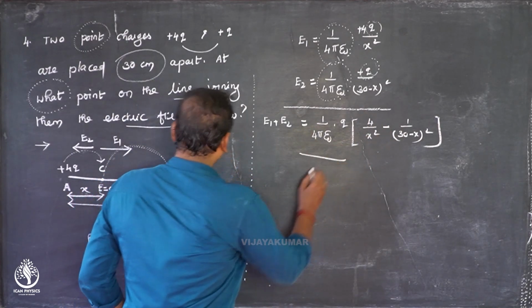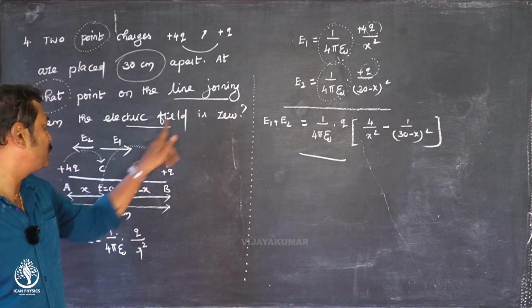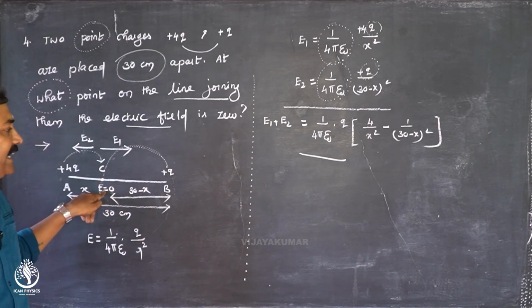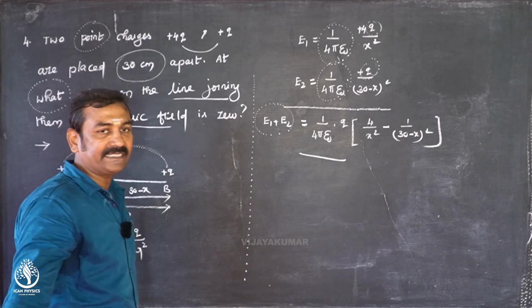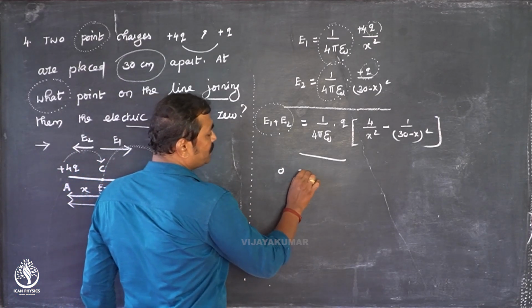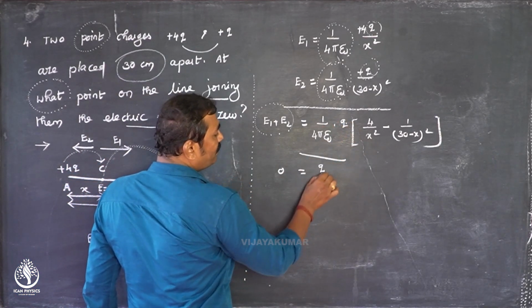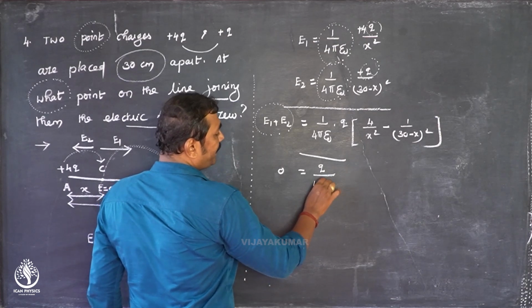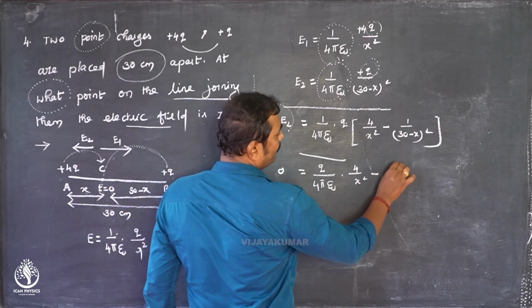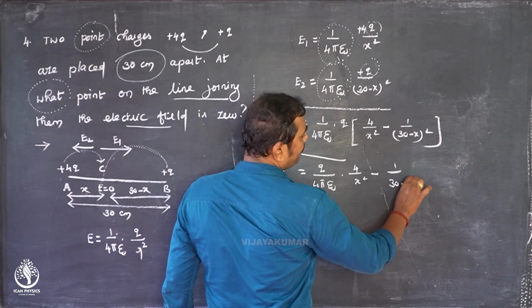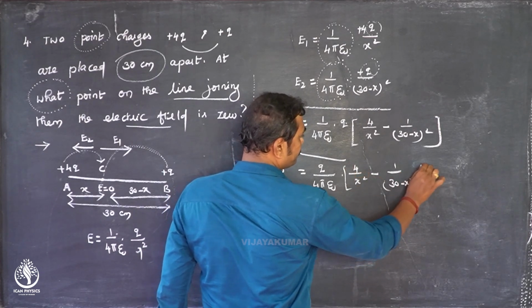What is the question? At the point C, the electric field is 0. So E1 plus E2 becomes 0, equal to 1 into q by 4 pi epsilon 0 into 4 by x squared minus 1 by 30 minus x the whole square.